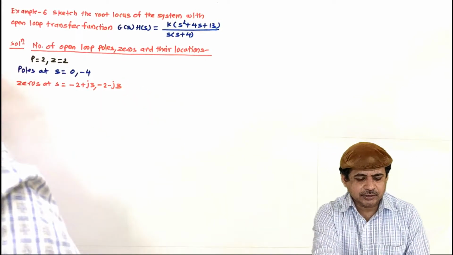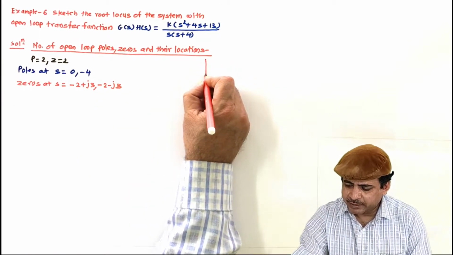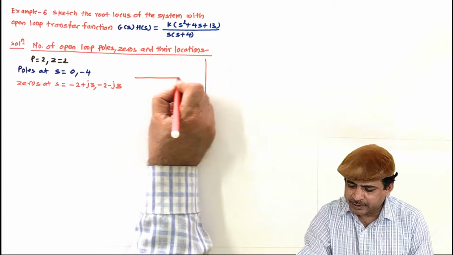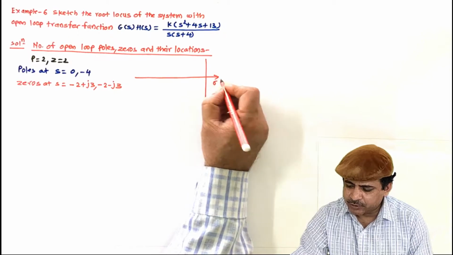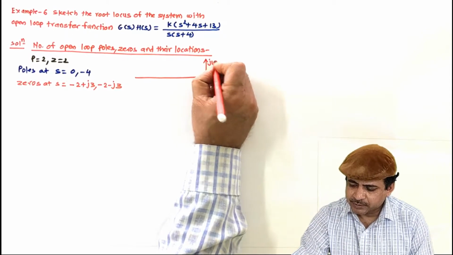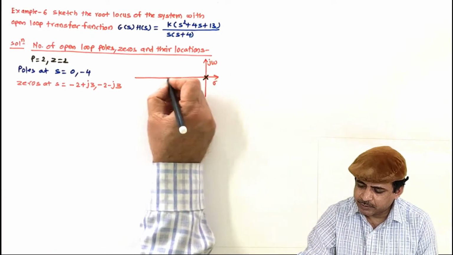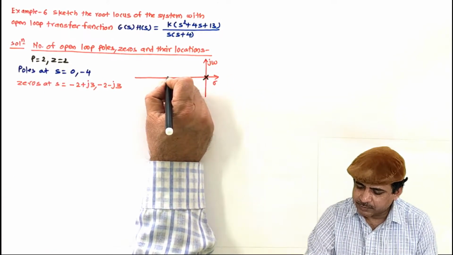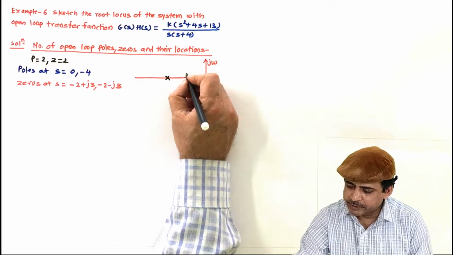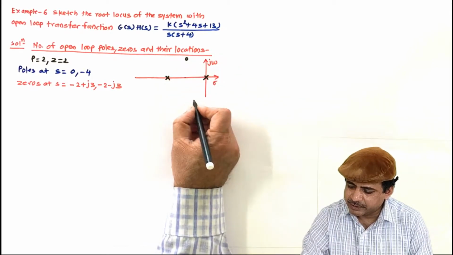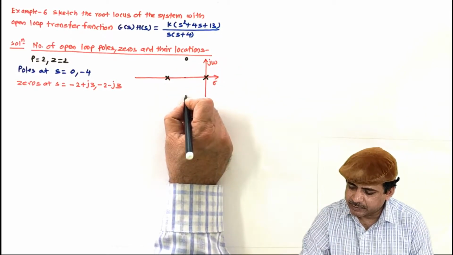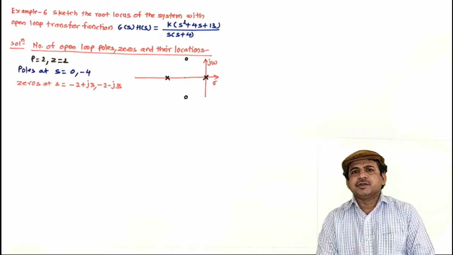So let us draw its pole zero plot, and that itself will give you the idea about almost the final shape. So pole is at 0 and minus 4, and the zeros are at minus 2 plus j3 and minus 2 minus j3.